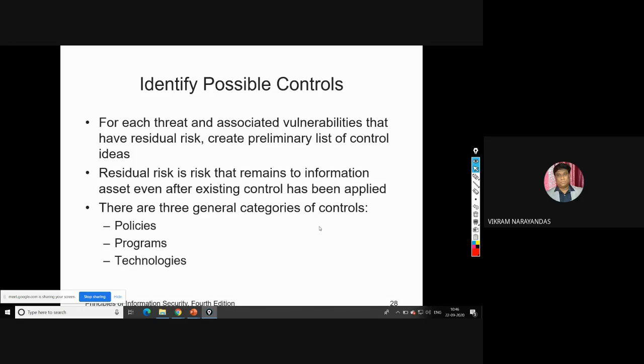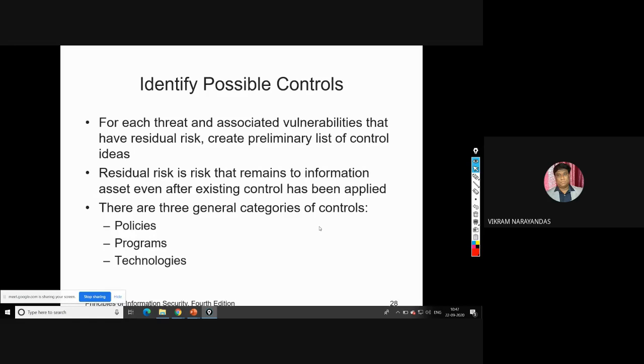Policies are documents that specify the organization's approach to security. Every organization maintains some policies.